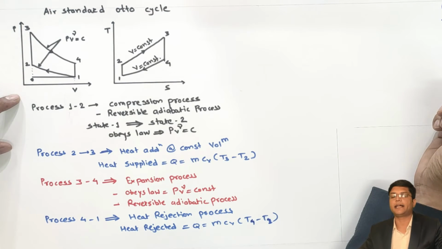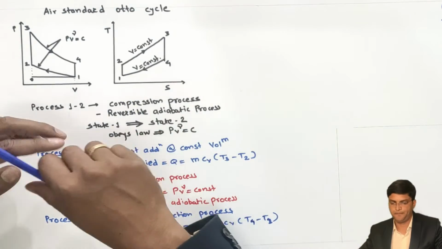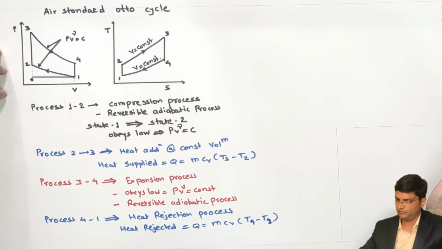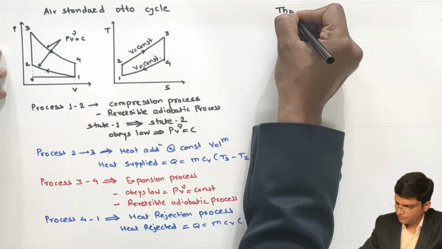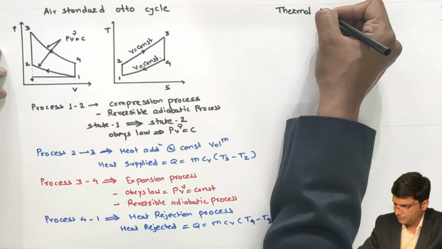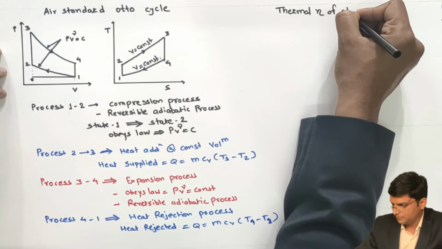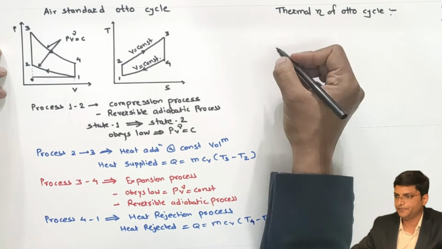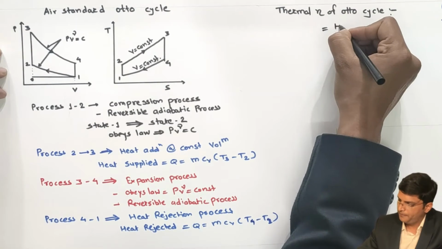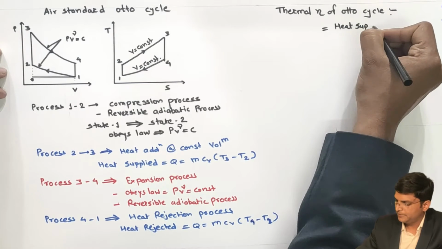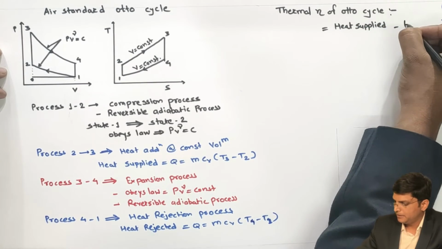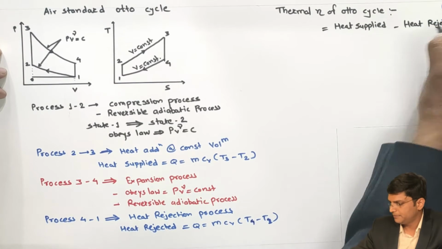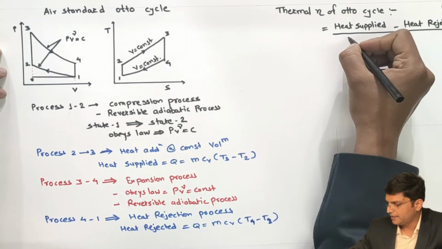Now we will analyze this cycle to find out its thermal efficiency. Thermal efficiency of the Otto cycle is nothing but heat supplied minus heat rejected divided by heat supplied.